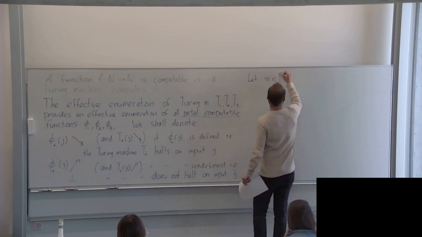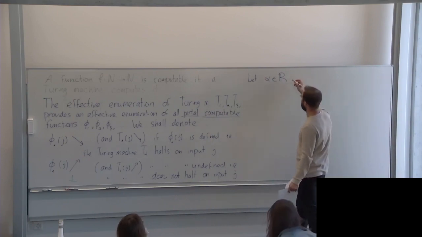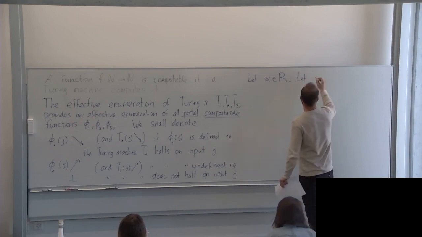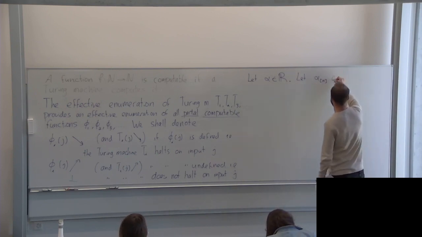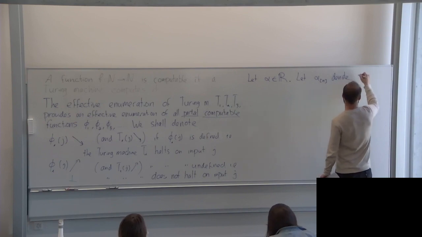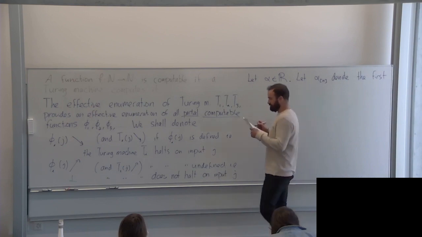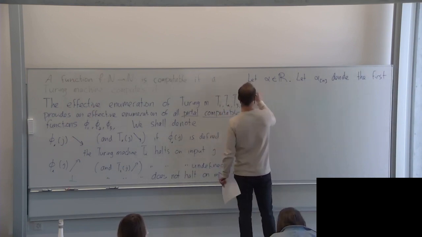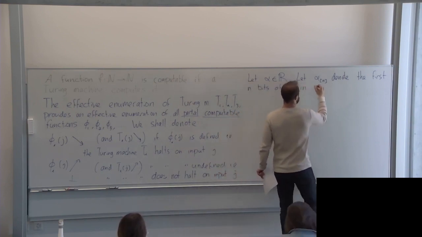Let alpha be in R. In the spirit of Turing's paper, whose title was On Computable Numbers, let alpha n denote the first n bits of alpha in binary expansion.